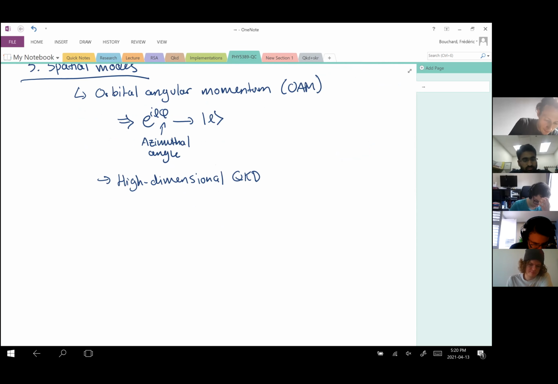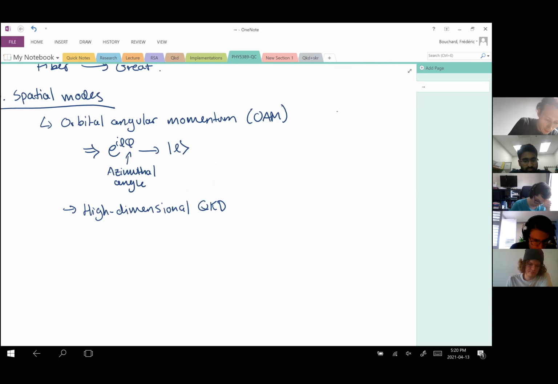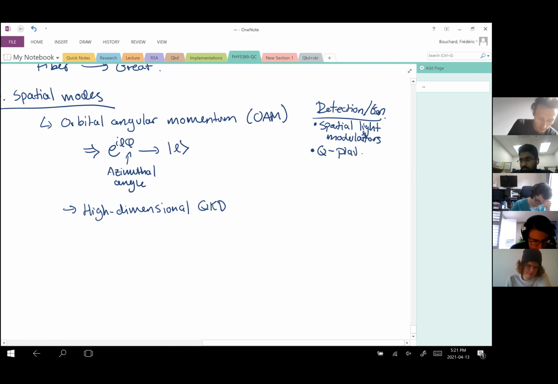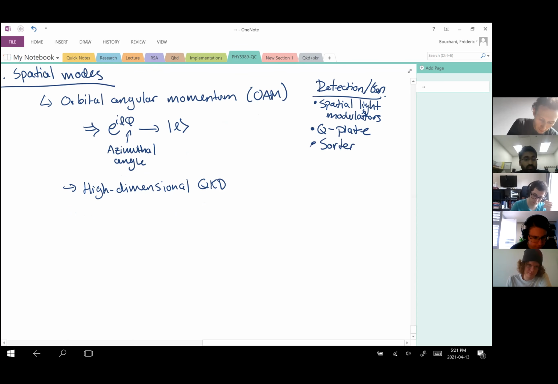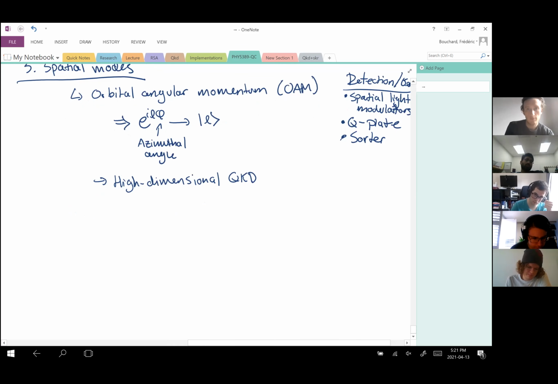And then, detection of OAM and generation. You can use spatial light modulators to shape light. You can use some liquid crystal devices called q-plates. And for the measurement, you want something called a sorter. For people working with spatial modes, those are all devices that they're probably familiar with.